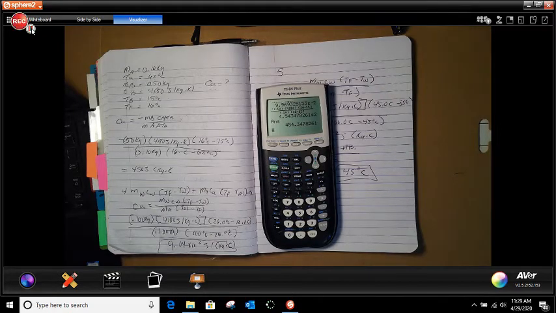The next one we're going to do is question number 4. Question number 4 says there is a 1.00 times 10 to the 2 gram aluminum block at 100 degrees Celsius placed in 1.0 times 10 to the 2 grams of water at 10 degrees Celsius. The final temperature of the mixture is 26 degrees Celsius. What is specific heat?